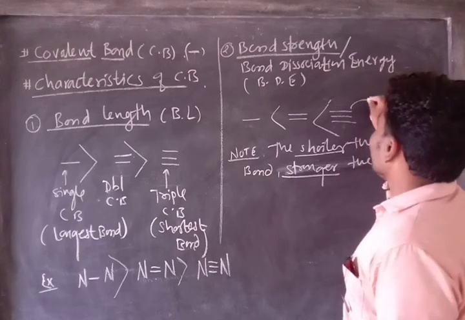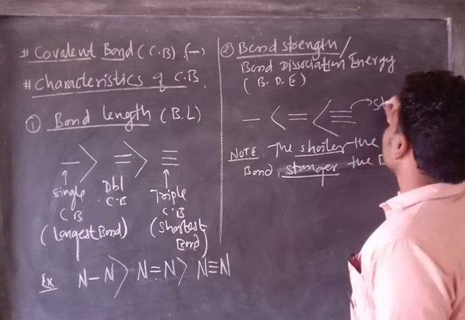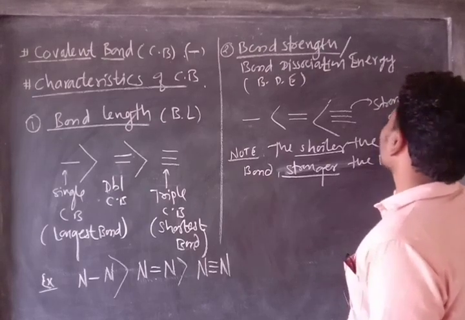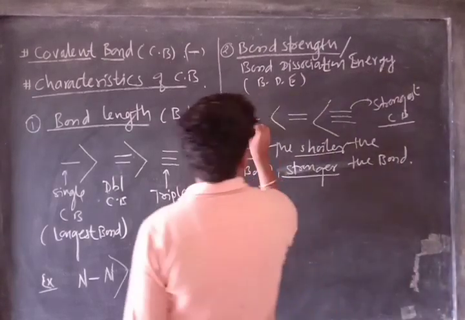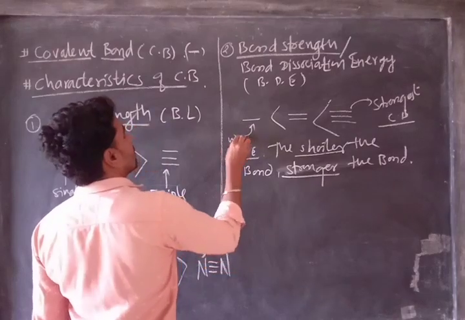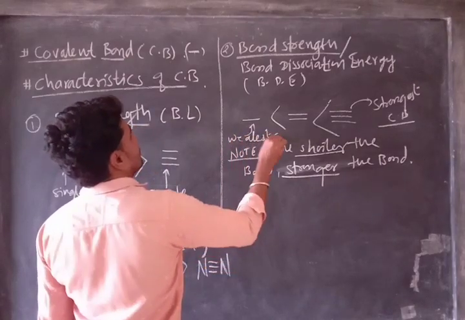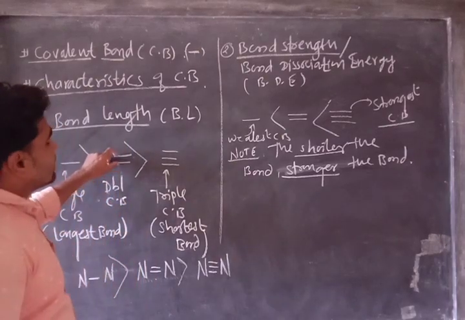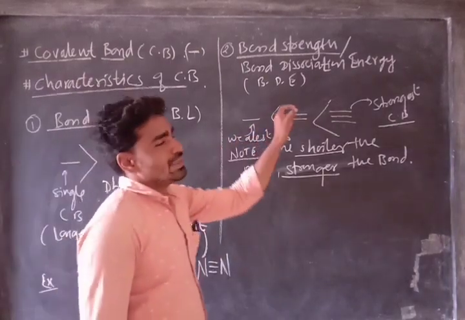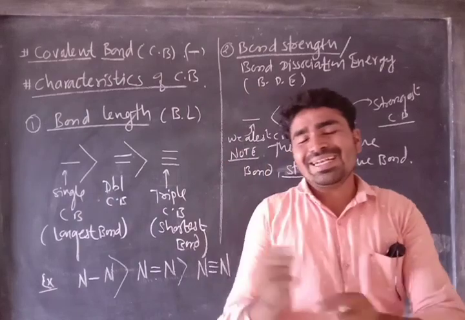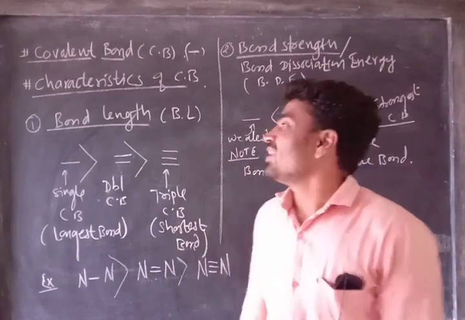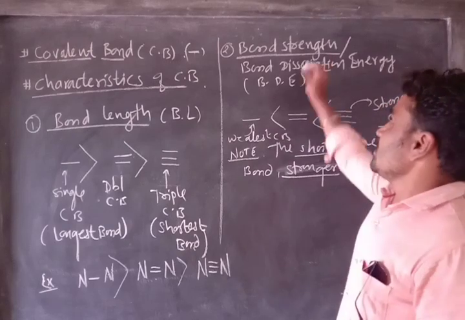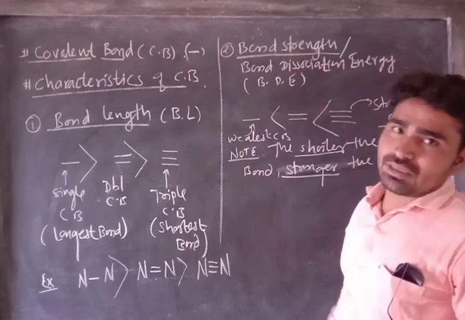So here we get that this triple bond is the strongest covalent bond, and this single covalent bond is, we can simply say, the weakest covalent bond. So I want to tell you that the double covalent bond has the intermediate characteristics of single and triple covalent bond. So this is the bond strength order.